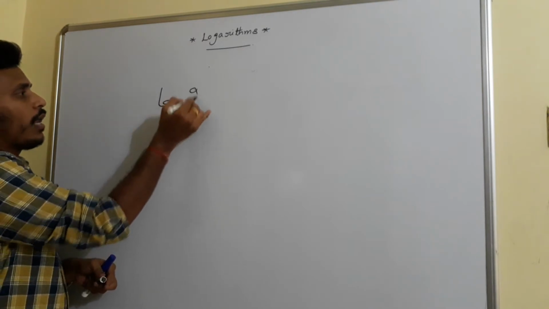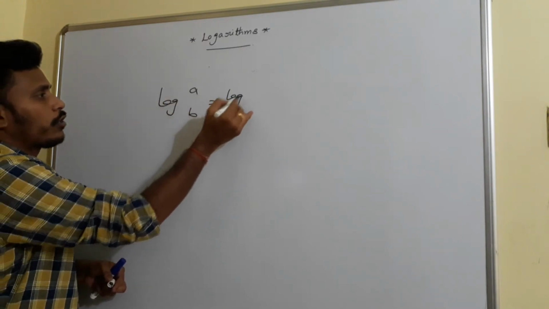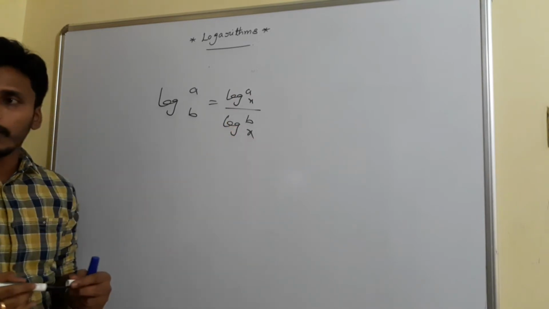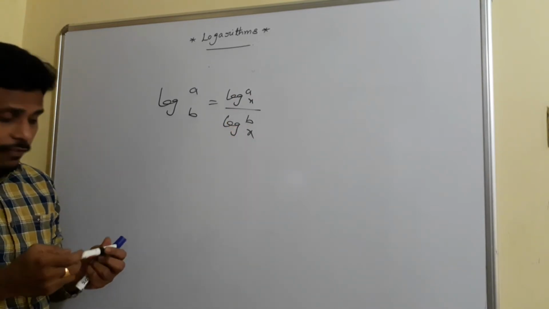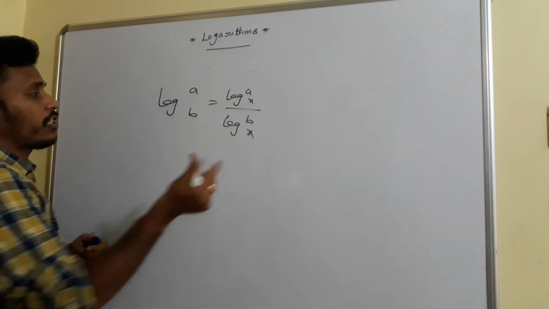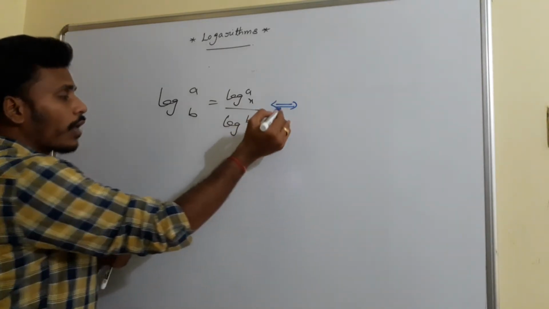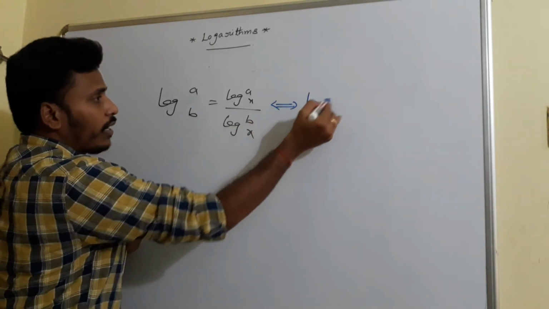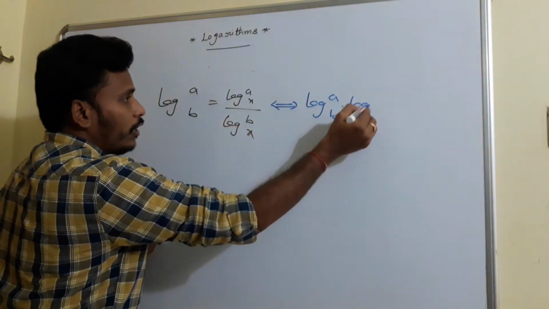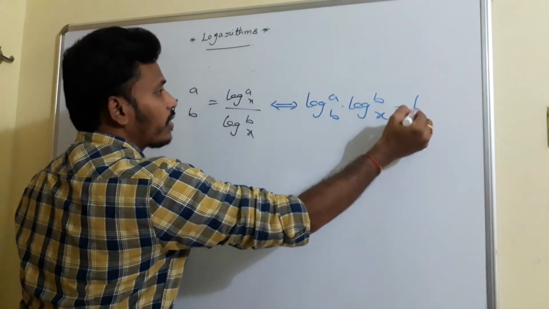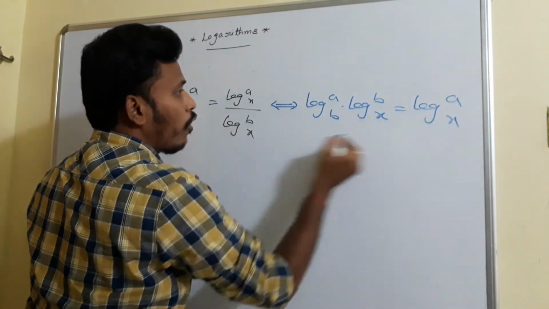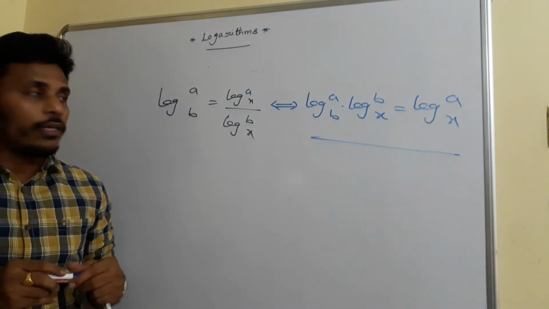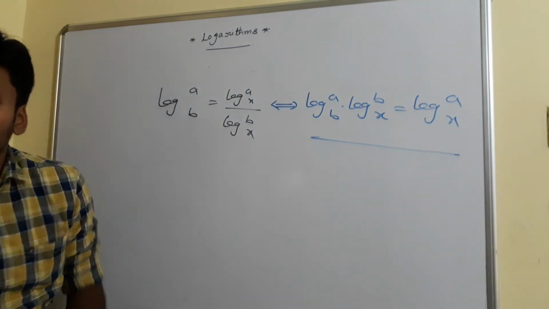From this law itself, if you go with cross multiplication and send the denominator to that side, you will get another observation: logarithm of a base b into logarithm of b base x is equal to logarithm of a base x.